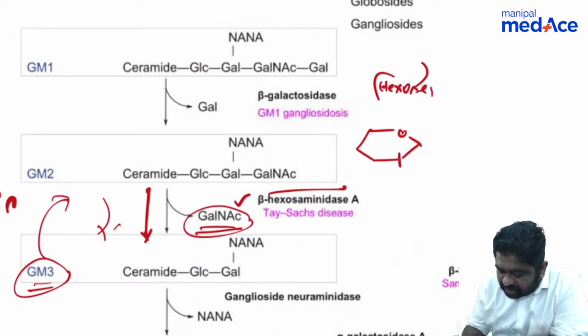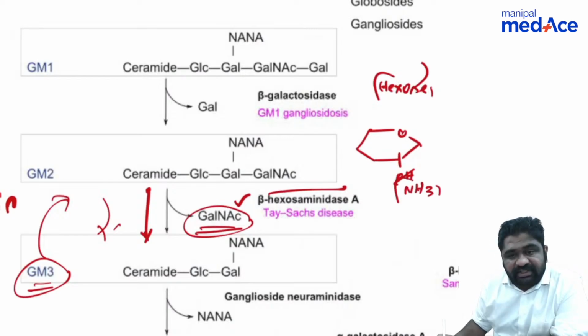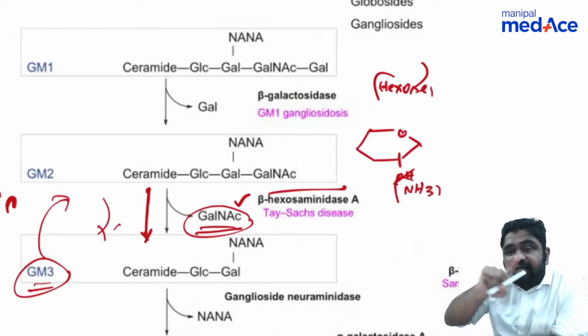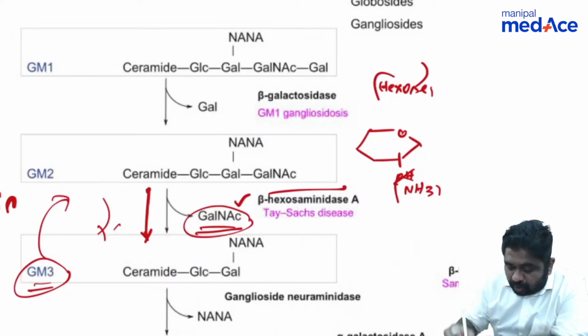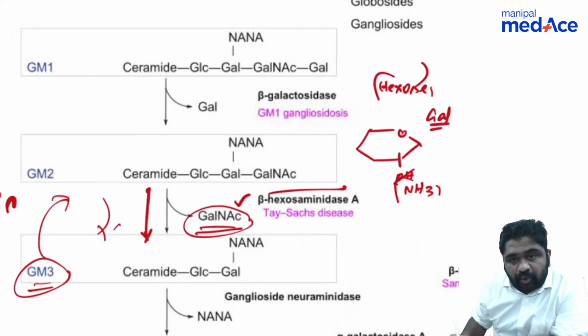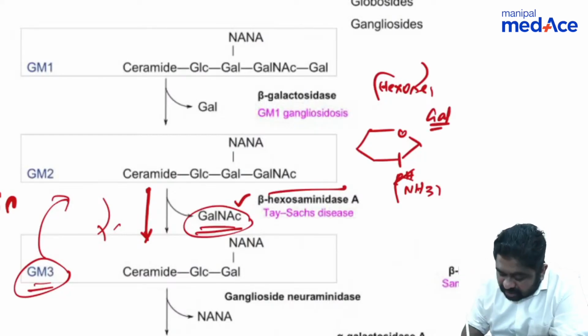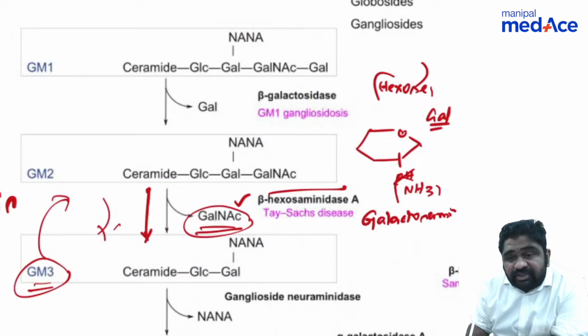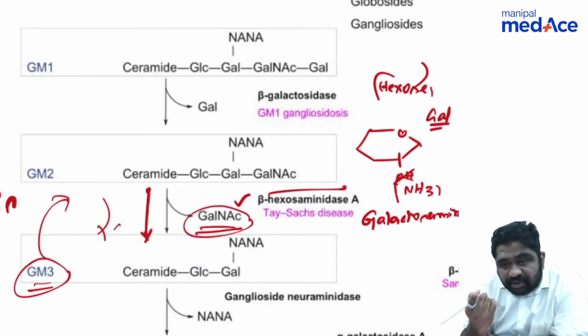Now, in the hexose, in one of the carbons, instead of having an OH, I knock off the OH, and I make an amine come and bind to this. It is called aminated glucose or aminated galactose. If this is galactose, then it is aminated galactose, referred to as galactosamine. If it is glucose with an amine group, it is called glucosamine.